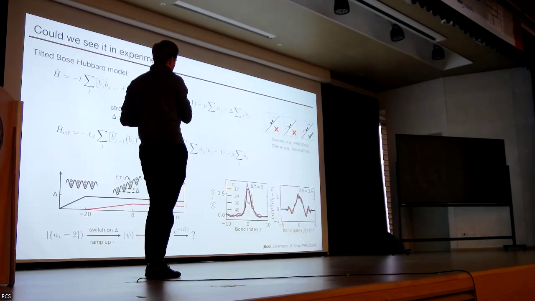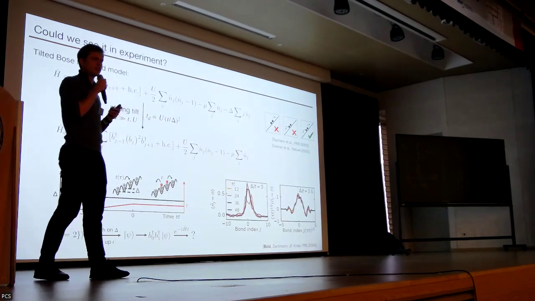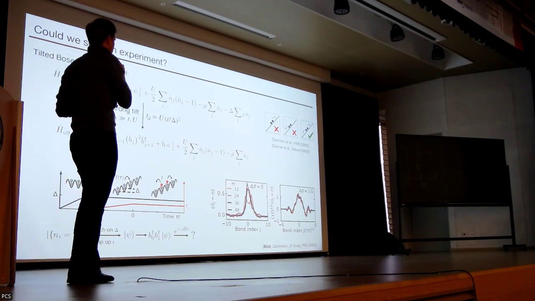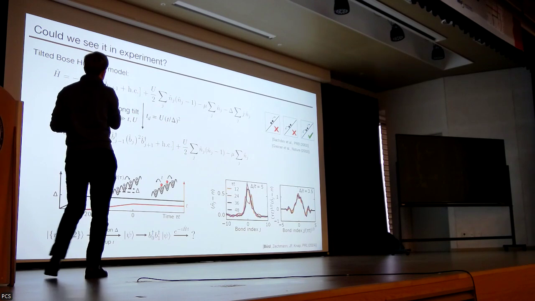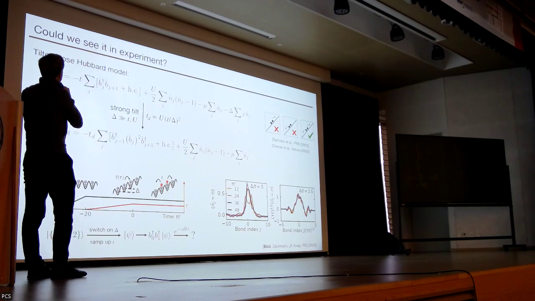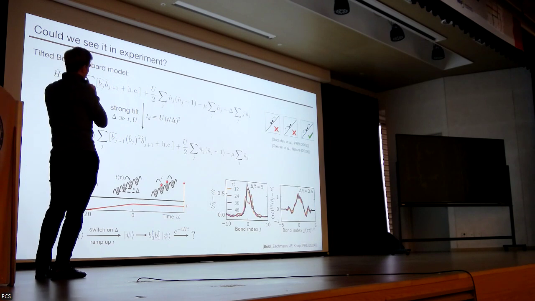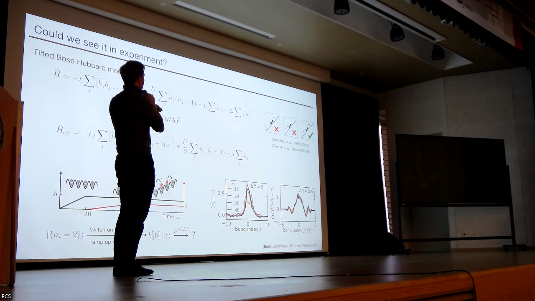So, of course, the question is, could we actually see this potentially in an experiment? John was alluding to this before. How would we actually realize such a system? Well, we can start with a normal Hubbard model, which has normal kinetic hopping terms, but we add a strong linear tilt.